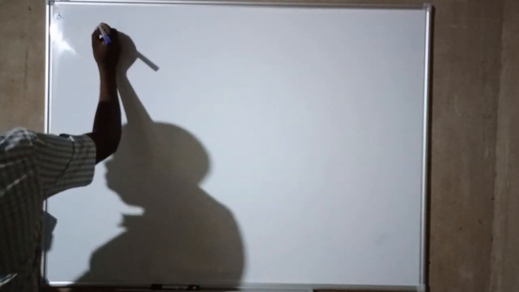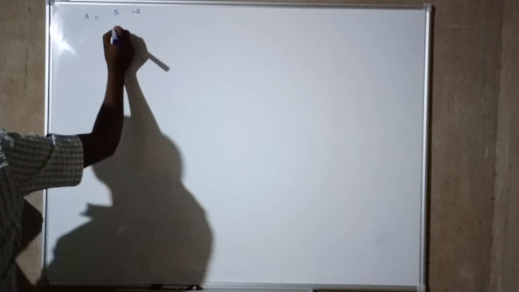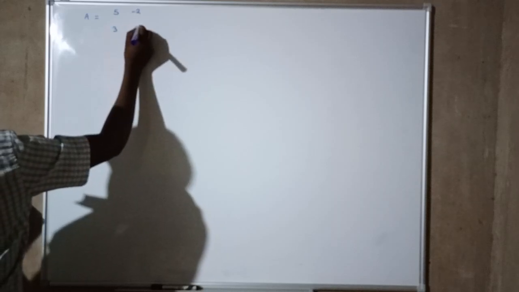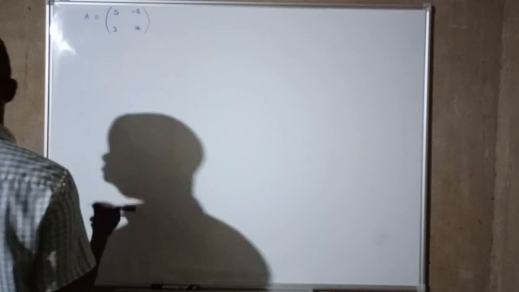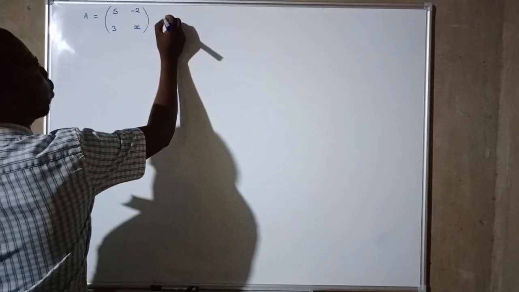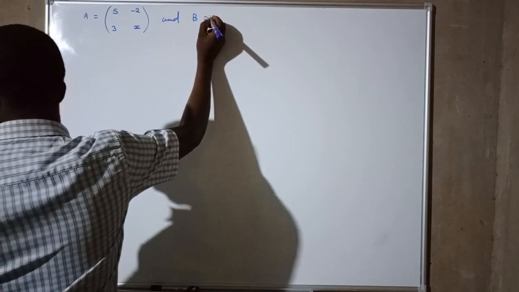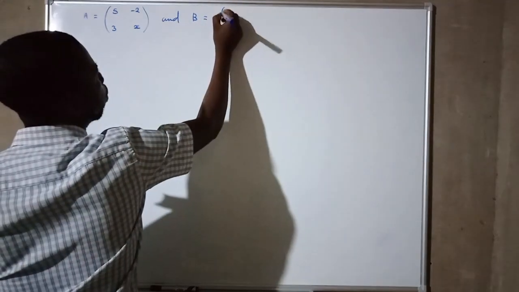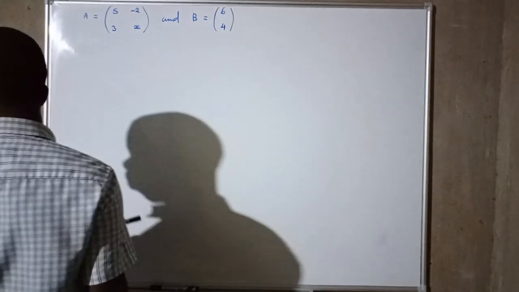We are told that M is equal to 5 negative 2, then 3, then here x. This is why I have decided to show you this one. And then B is equal to, we have 6, and then 4, like that.